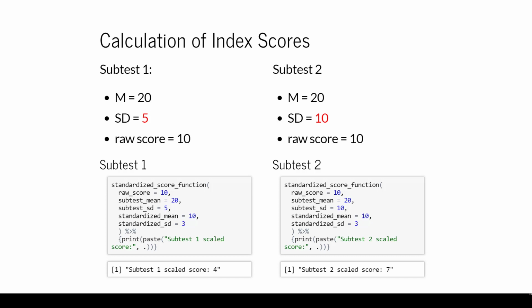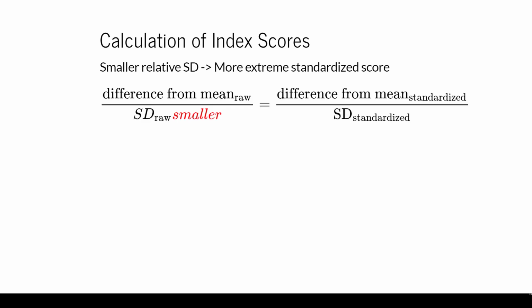So what conclusions can we draw? Holding everything else constant, a smaller standard deviation is going to lead to a more extreme converted standardized score. Why is that? Why does a smaller relative standard deviation, smaller relative to all other values, lead to more extreme standardized scores?